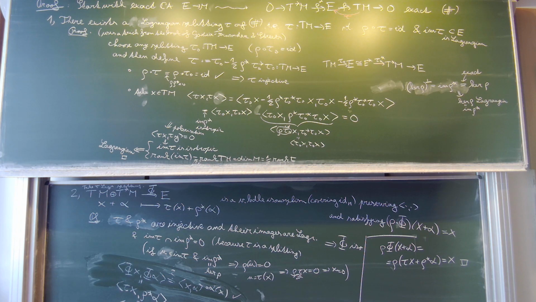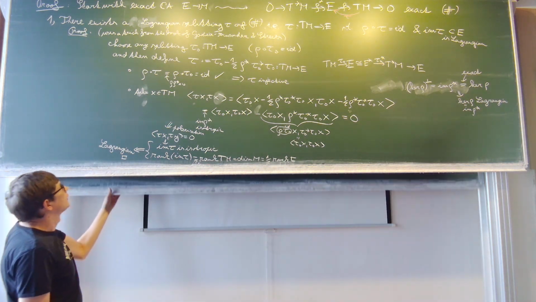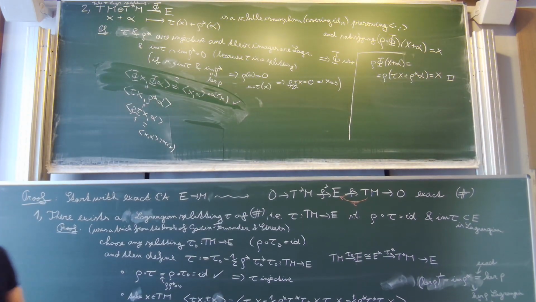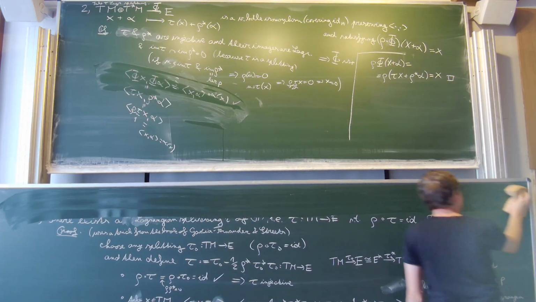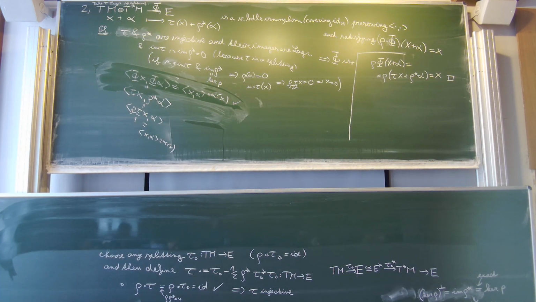Okay, so what is the axiom of this thing? So we now know that if we forget about the bracket, then any exact Courant algebroid has to be of, I mean, we essentially prove the theorem.